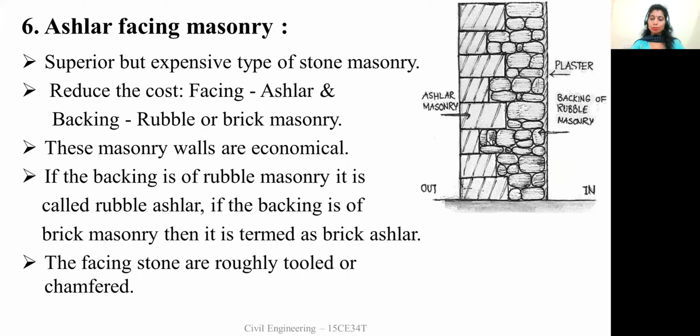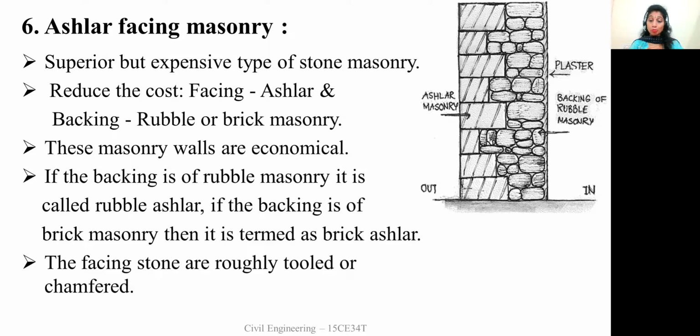This type of compound or composite masonry wall is economical. This is called a composite masonry wall. We are using two types of stone masonry here: ashlar masonry as facing and rubble masonry as backing.